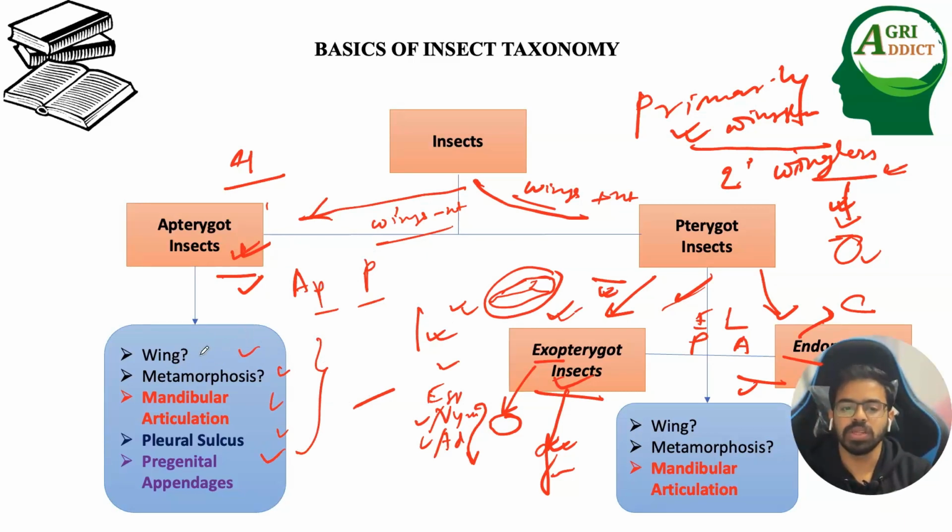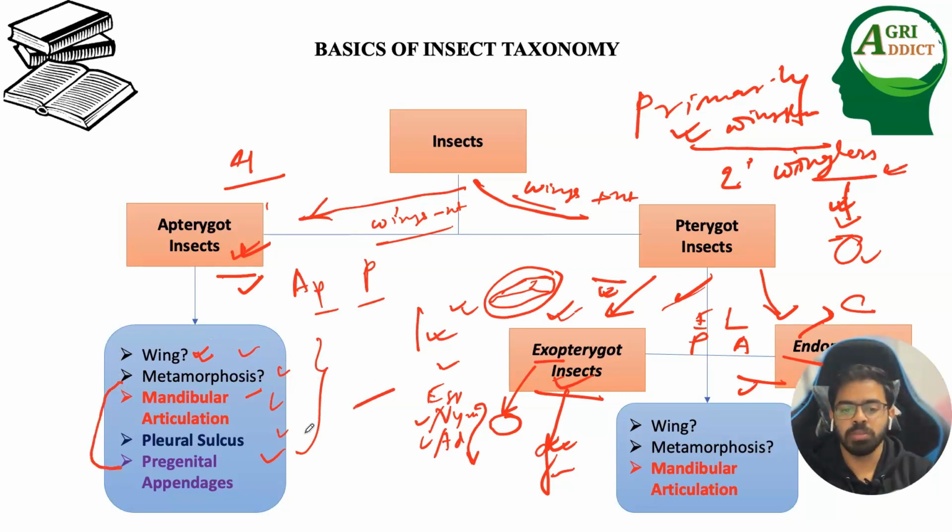Wings are not developed, wings are not present in apterygotes, wings are present in pterygotes. Everyone knows this. I have mentioned metamorphosis because metamorphosis is not there, or very slight metamorphosis is there in apterygotes. In pterygotes, there could be complete metamorphosis, there could be gradual metamorphosis. Very good.